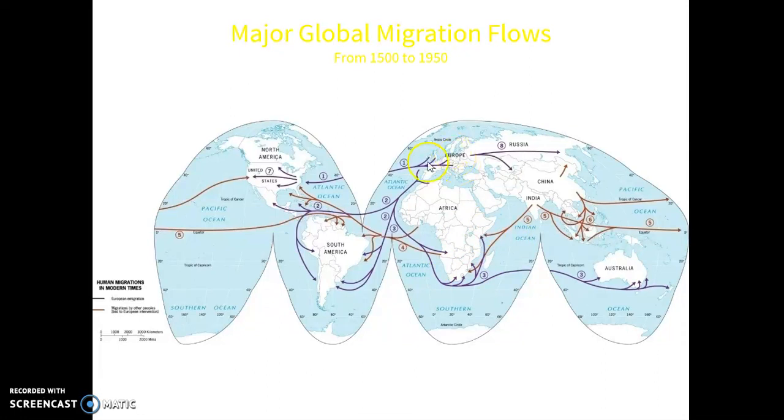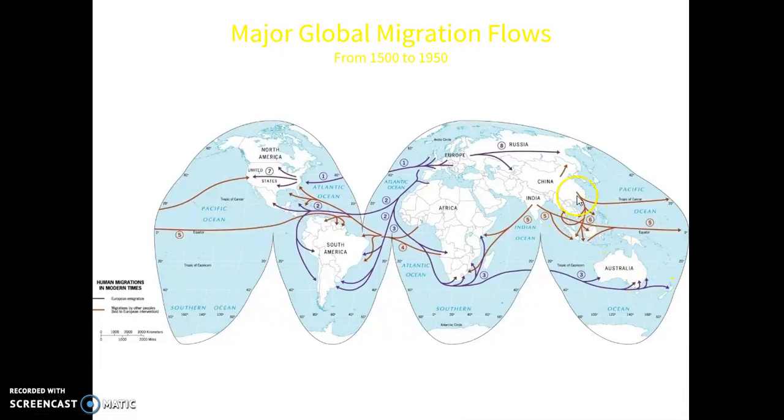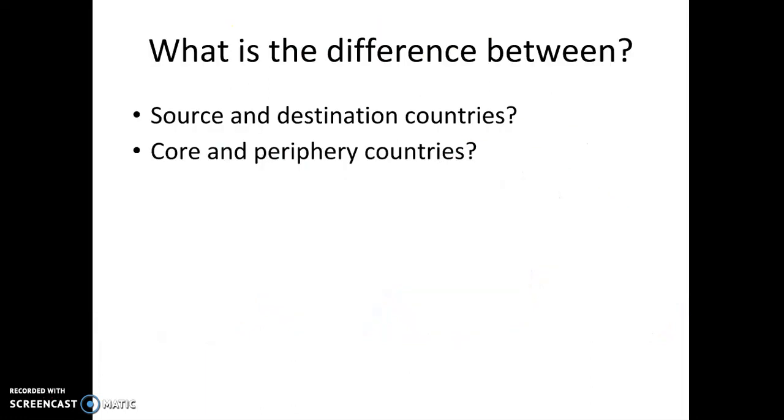So you see colonization from Europe to the Americas, colonization all over Africa, throughout Southwest Asia, Latin America, and Australia. Then you see movements of other people. This is how cultures spread. This is how language spreads, religion spreads, how people spread, typically through migration.